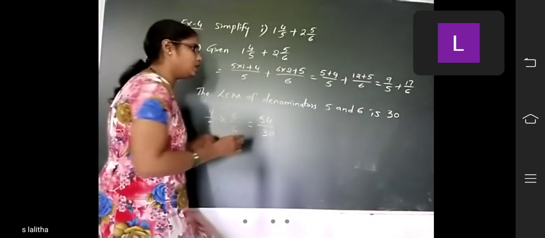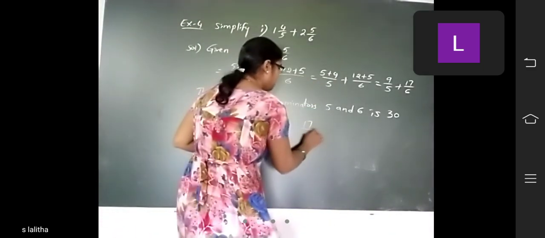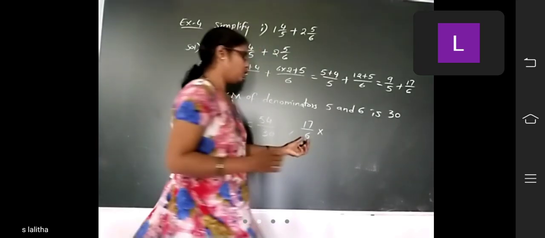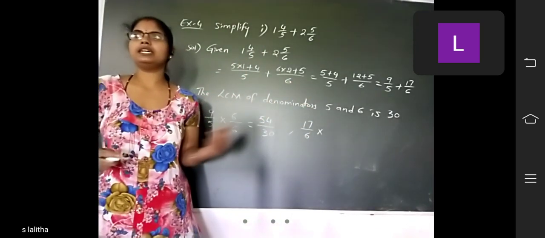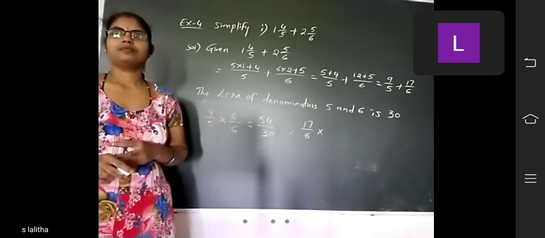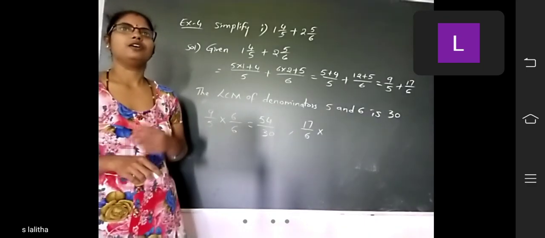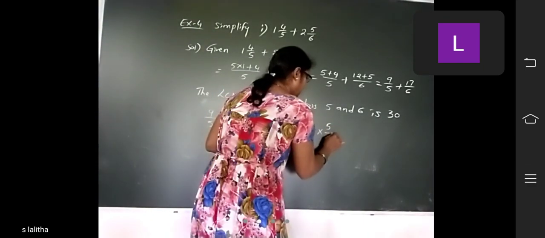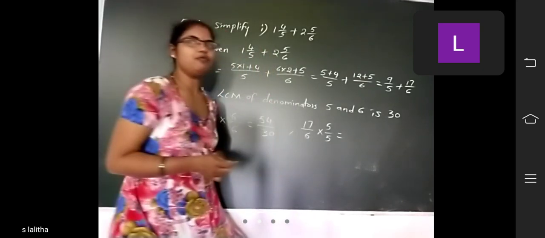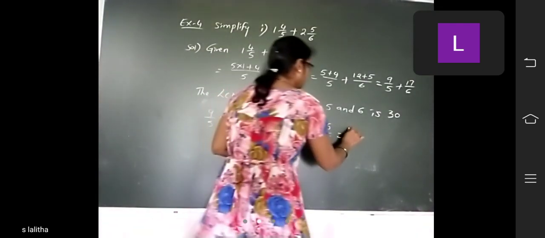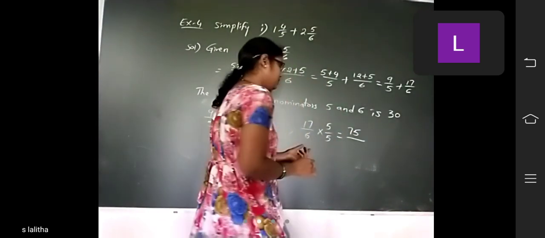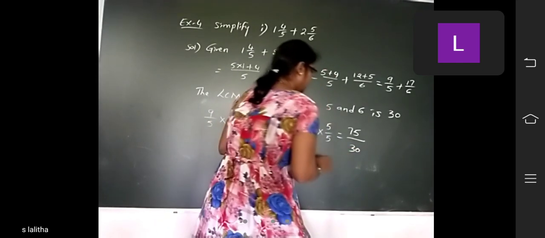Next, another fraction is 17 by 6. So in the 6 table, how many times 30? 5 times. So multiply by 5 by 5. 17 5s how much? 85. 6 5s 30.